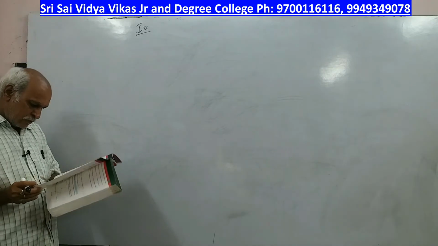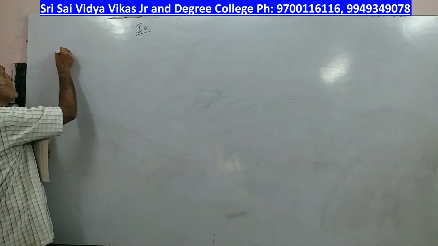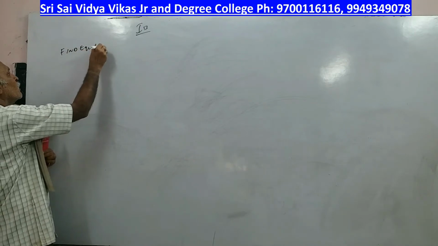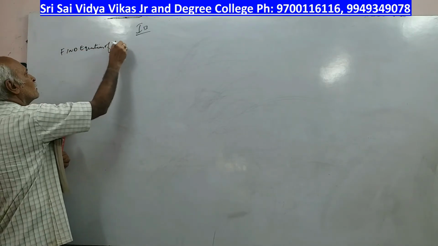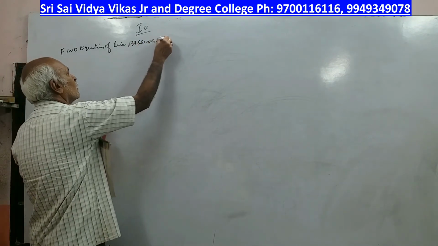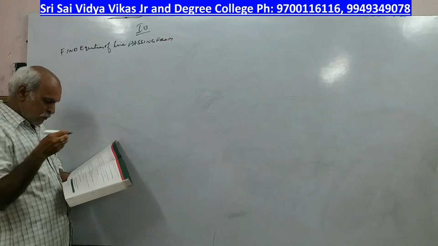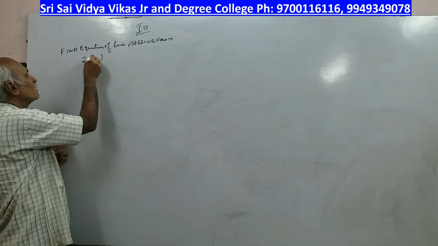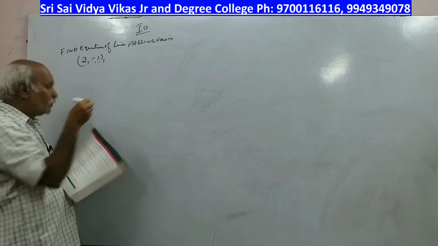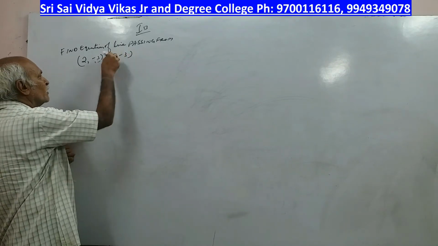Okay. Now, find the equation of the line passing from 2 comma minus 3 and 0 comma minus 3. Observe here.